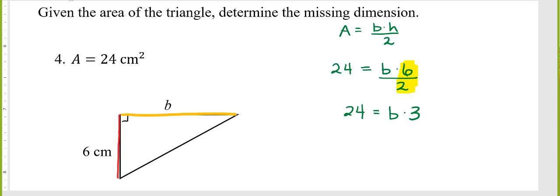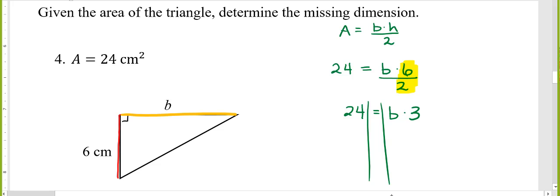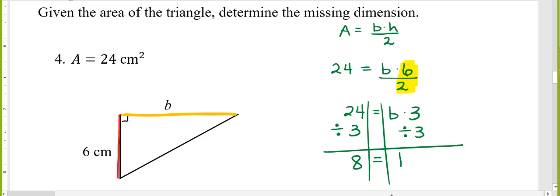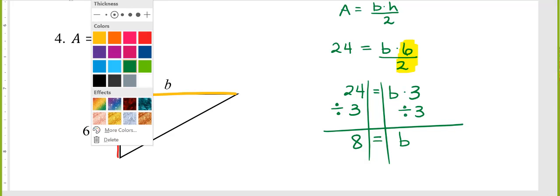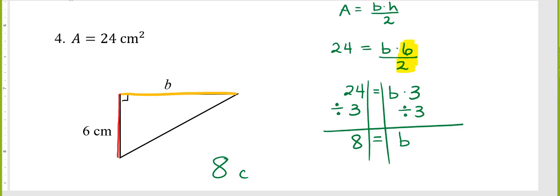Now go do your railroad tracks and solve for B. To get B by itself on the right, I need to divide both sides by 3. 24 divided by 3 is 8, and that's going to equal B. So the missing dimension is going to be 8 centimeters. That's my missing dimension.